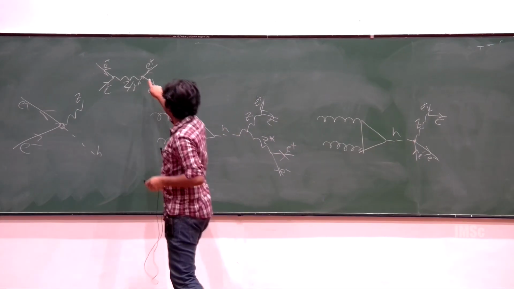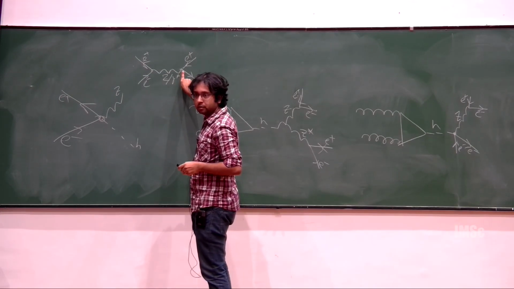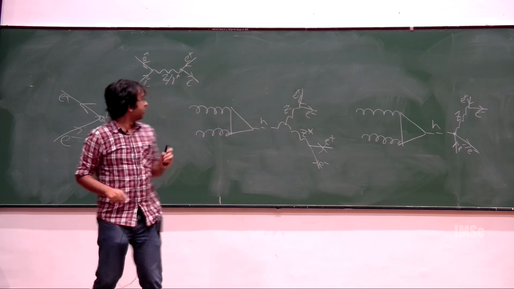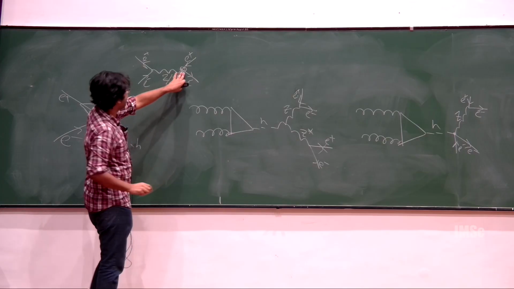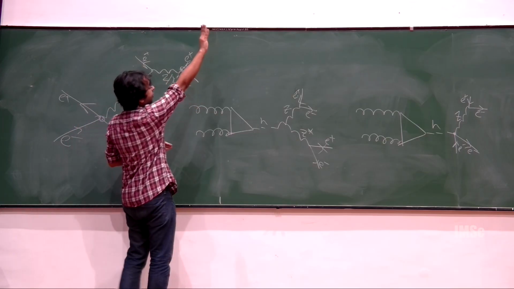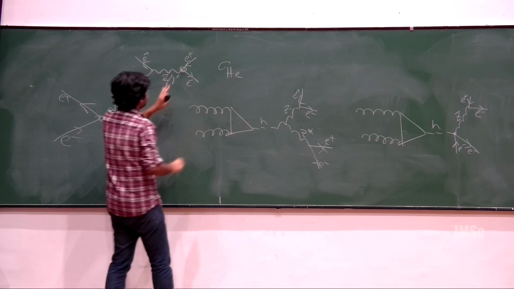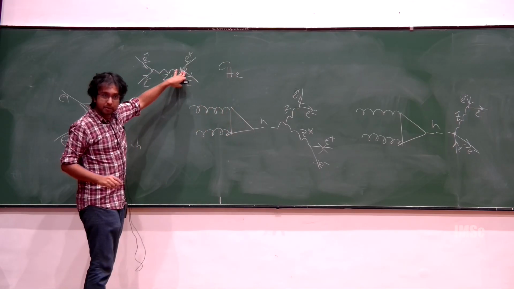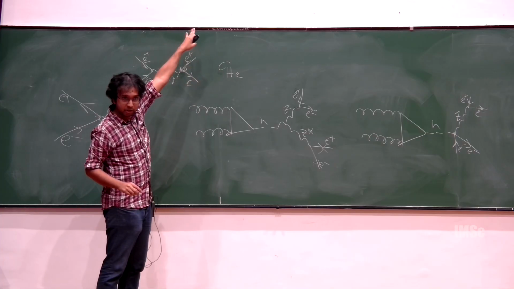This is what was constrained at LEP. Is this clear? So through this operator I am able to constrain this. If, for example, this was my only operator, O of HE, then I'd be able to constrain this operator through LEP measurements.